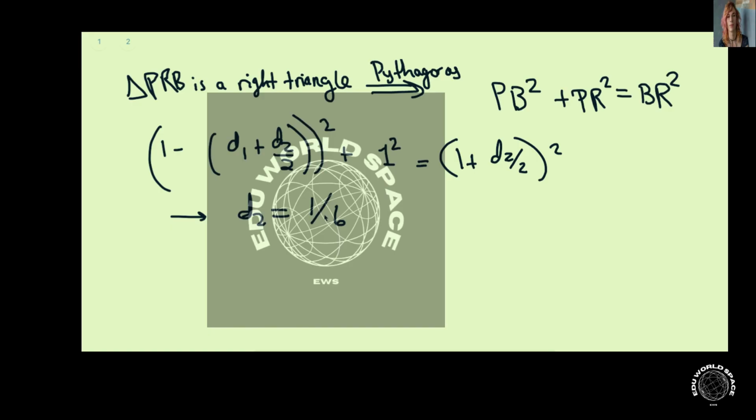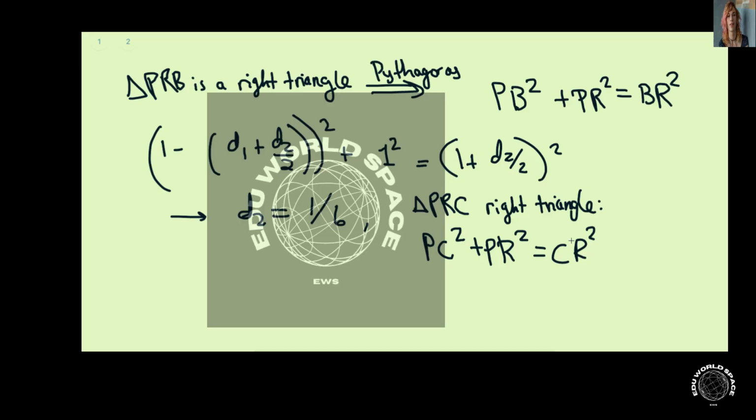We could keep going on in this fashion, and similarly, you can go ahead and look at triangle PRC. This is a right triangle. So let's do one more value of d. This time, by Pythagoras, you get PC squared plus PR squared equals CR squared.